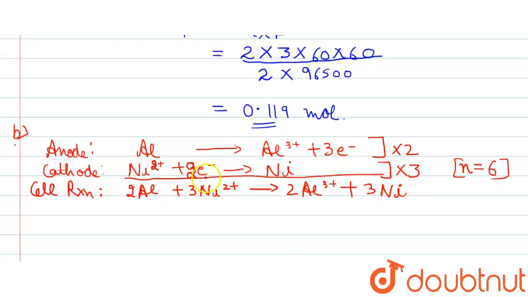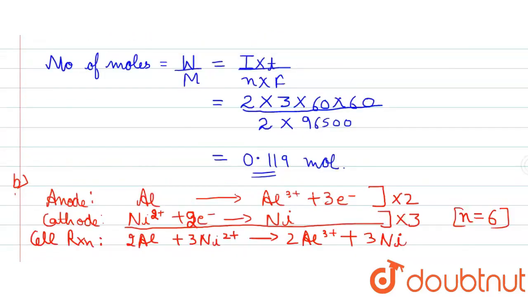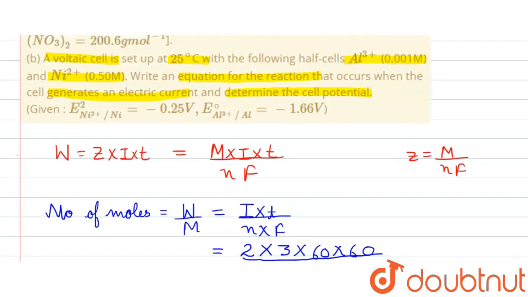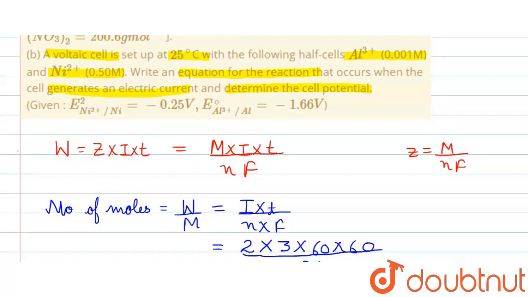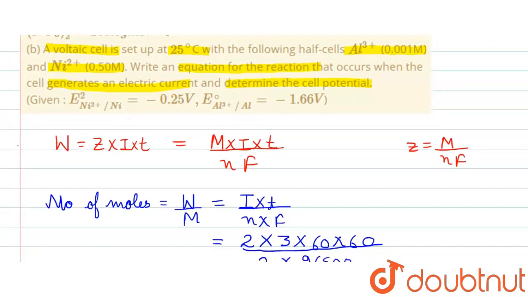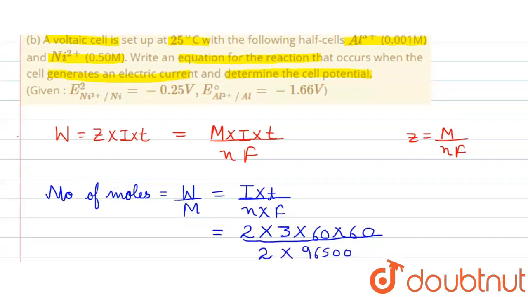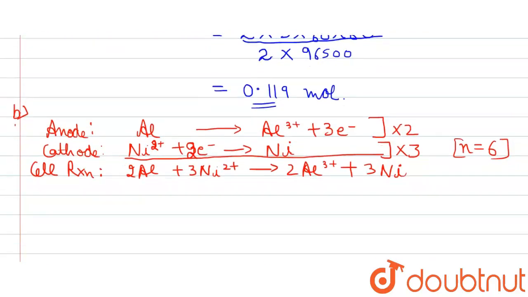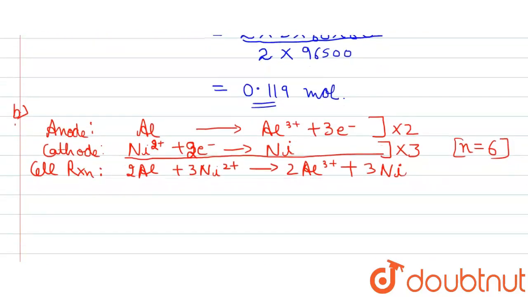So now we need to find the electrode potential of this reaction, as it is asked in the question, determine the cell potential, and we are given the potential of Ni2 plus to Ni and aluminum 3 plus to aluminum. So first of all, let's find the value of the E0 cell.